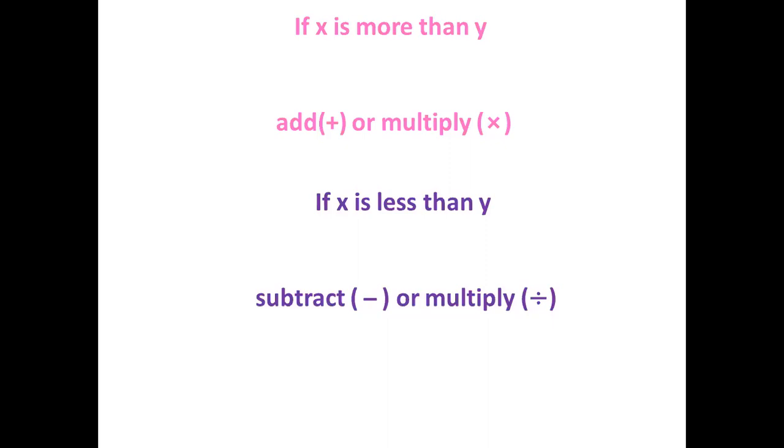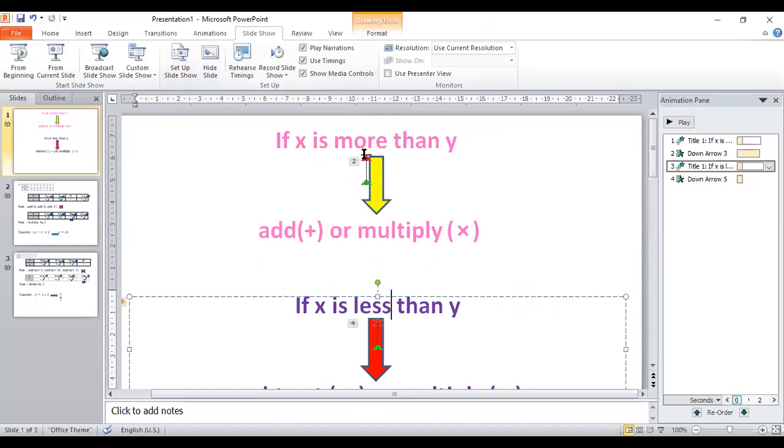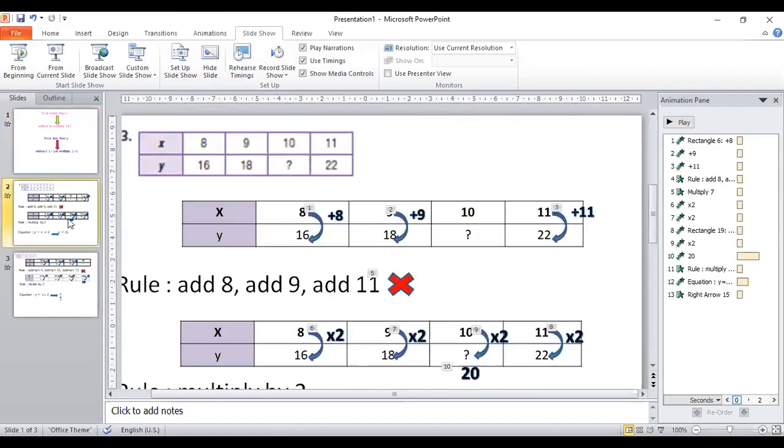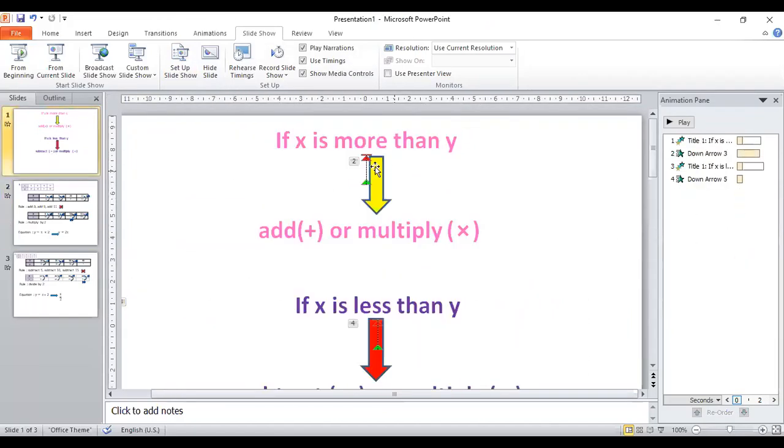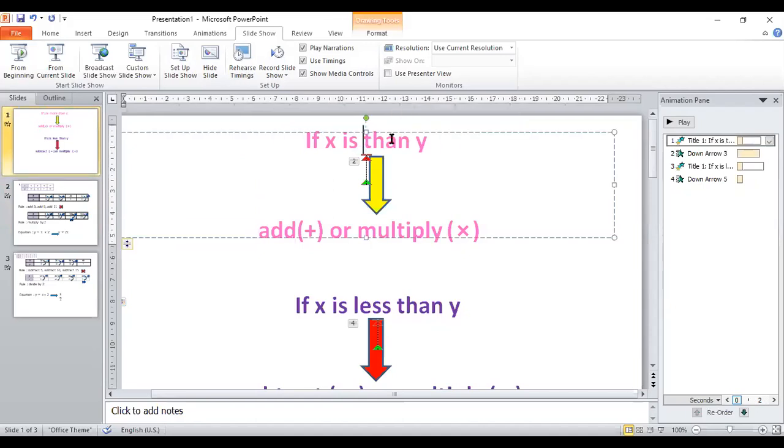Okay, now if you look at the table in your book, the values of x and y, this is what you need to do. If the value of x is more than the value of y, again I'm repeating, if the value of x is more than or equal to, I have to change this, as in the table here, if the value of x is less than, I have written the opposite, less than y.